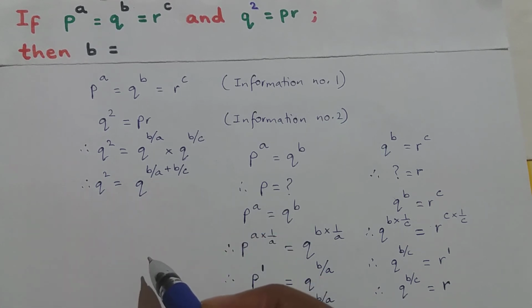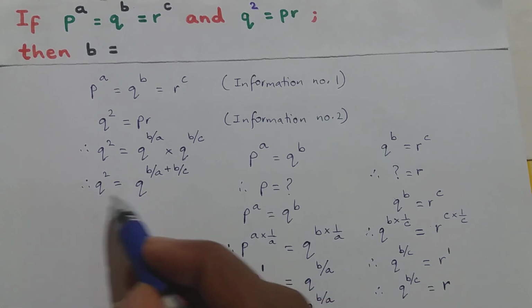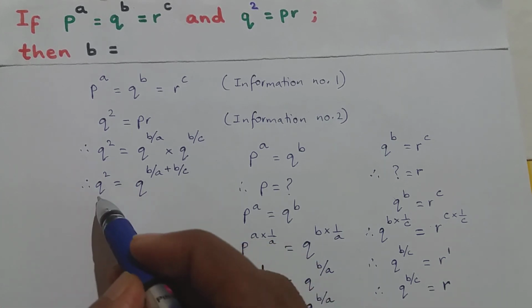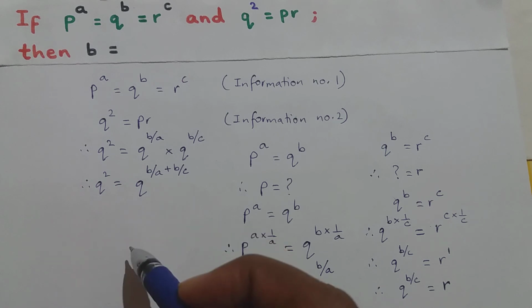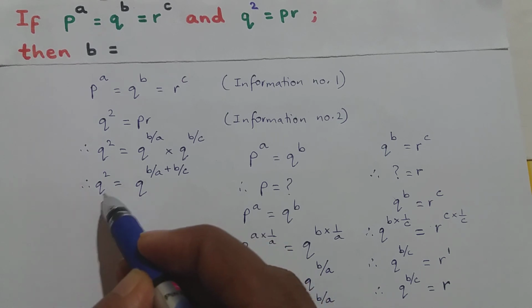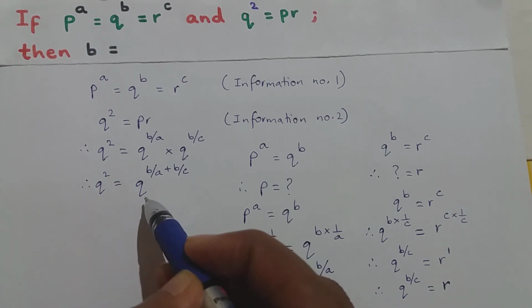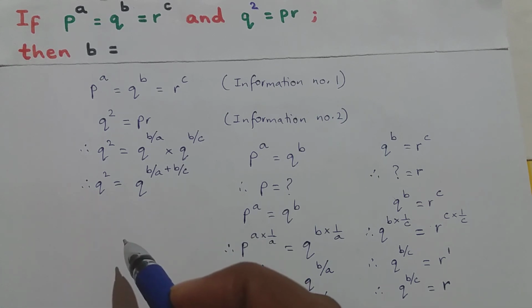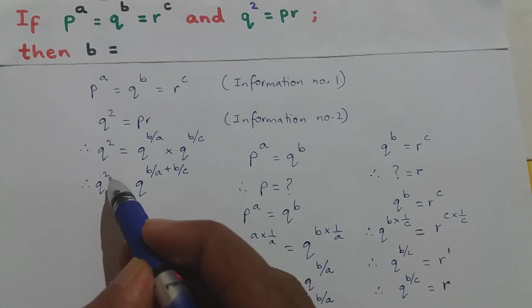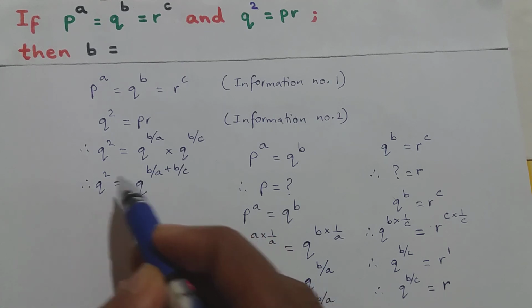Now look into this equation. In this equation, the base on the left hand side and the base on the right hand side are equal. Both sides of the equation have the same base. So therefore I can say that their powers are also same.